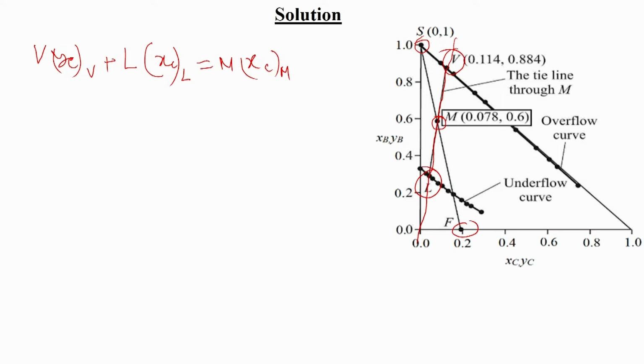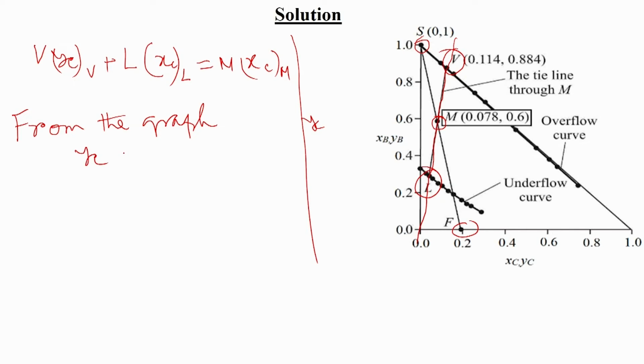Now, whenever we use this graph paper, we will find that for this L, from the graph, Y_C will be like this.